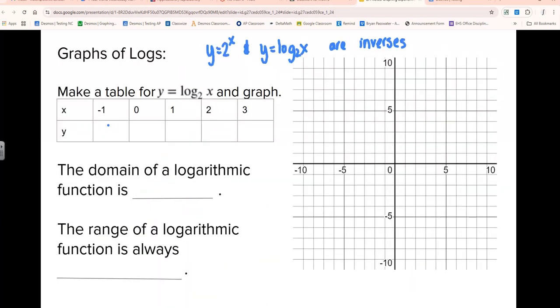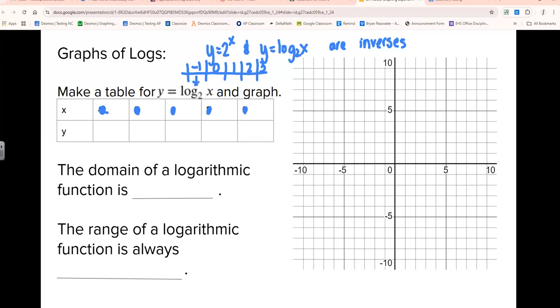So if I just switch that table, pretend that I have left this blank. It'd be better notes if I had done that. I had my other table for y equals 2 to the x: negative 1, 0, 1, 2, 3. You can just look at your other slide there.